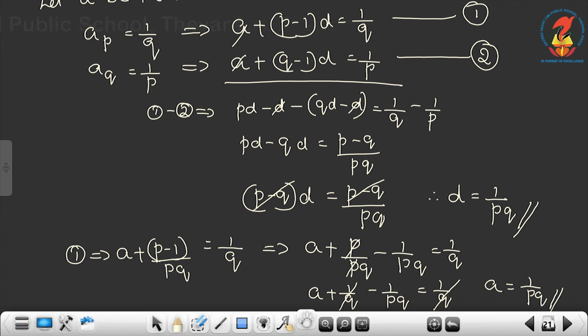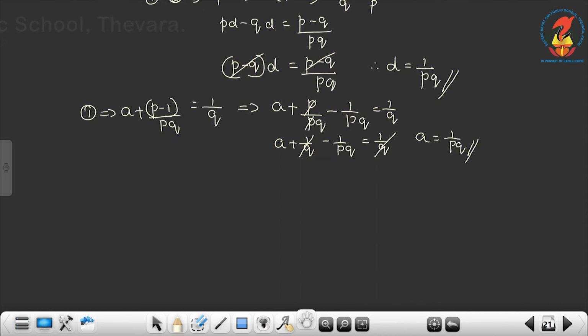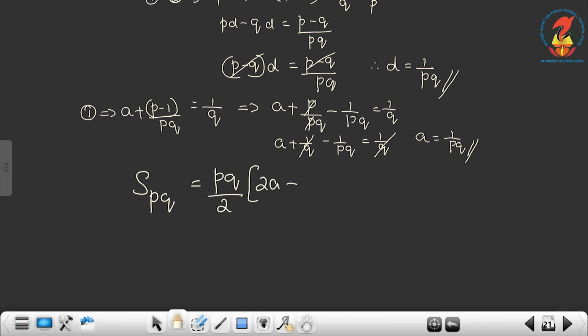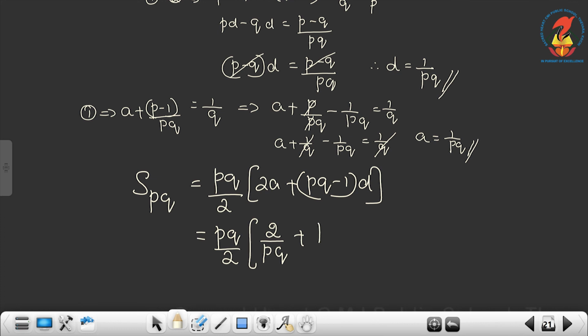Now what is SPQ? SPQ is the question. Sum of first PQ terms. SPQ, the formula is PQ by 2 into 2A plus PQ minus 1 into D. Substitute for A and D. A is 2 into 1 by PQ, that is 2 by PQ plus PQ minus 1 into D. D is 1 by PQ.